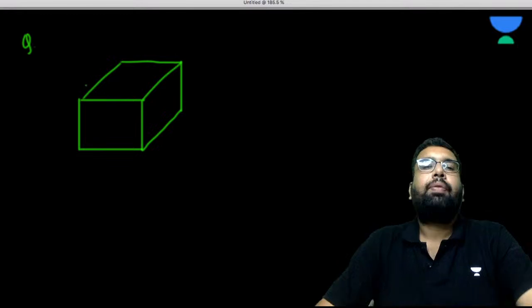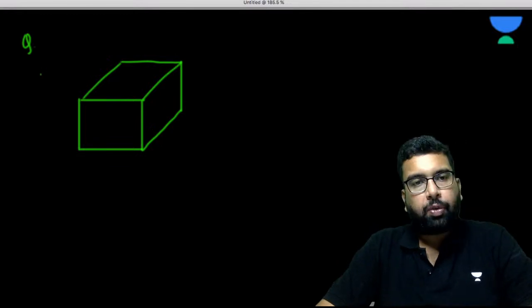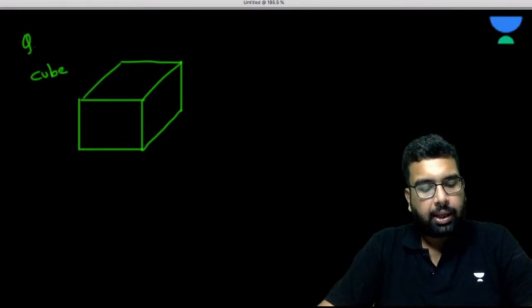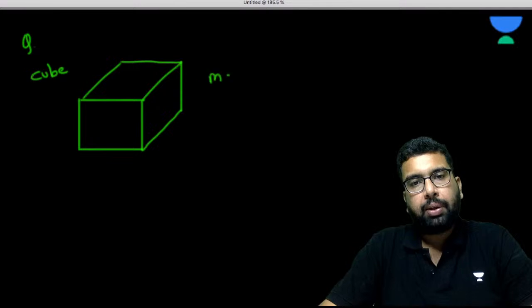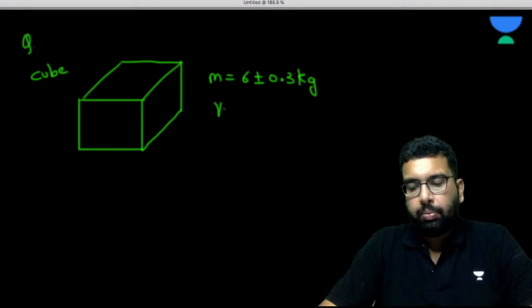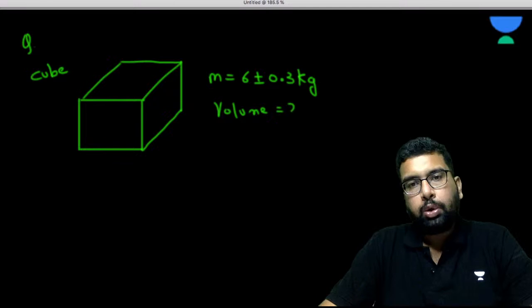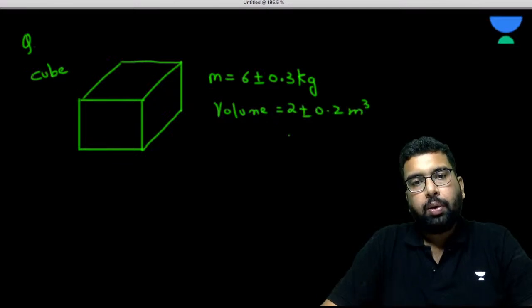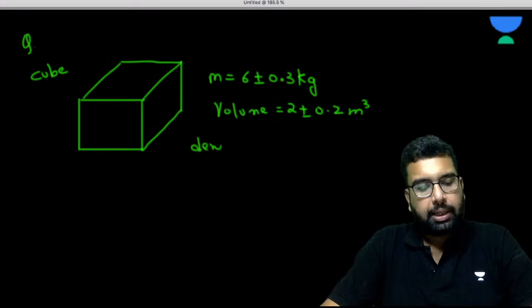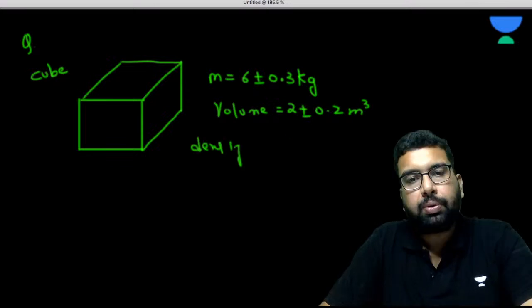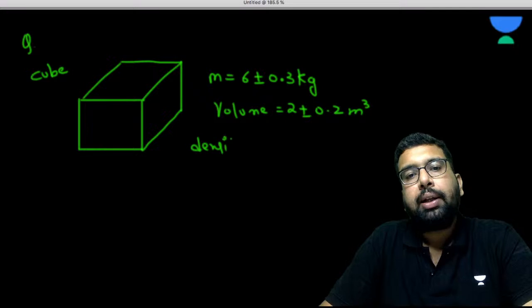Okay, we have somewhat a cube like this, and the mass of the cube, let's suppose, is 6 plus minus 0.3 kg, and the volume of this cube is 2 plus minus 0.2 meter cube, and you are supposed to get the density. Okay, you are supposed to calculate the density from here.